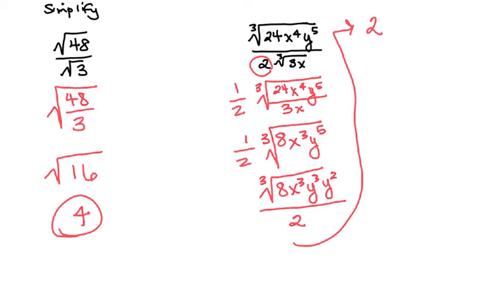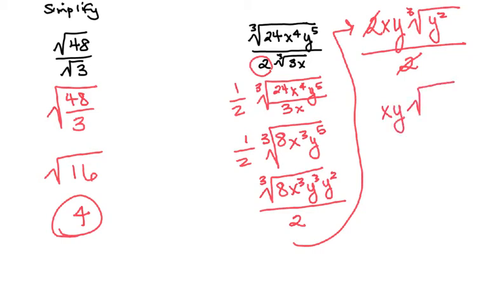The cube root of x cubed is x. The cube root of y cubed is y. And we still have that cube root of y squared in there. And in the bottom we have 2. The 2's will cancel out and we are left with x, y, times the cube root of y squared.